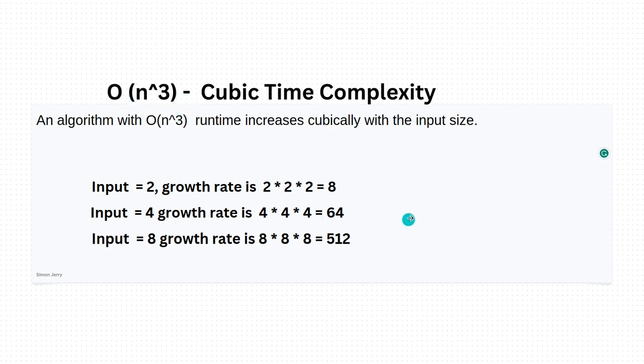It's like n multiplied by n multiplied by n. So the input of 4 gives us a growth rate of 64. Same thing for the input of 8. It will give us 8 raised to power 3, and the total growth rate will be 512 at worst case scenario.